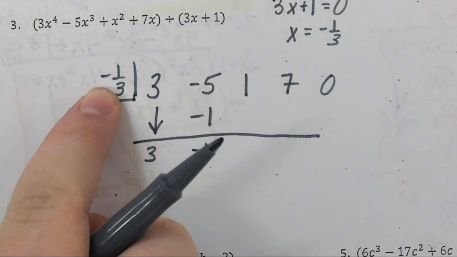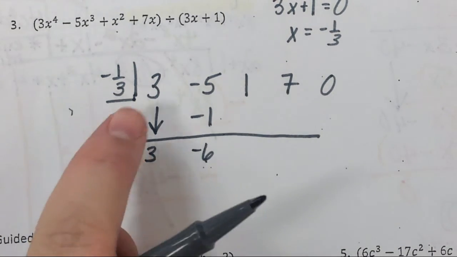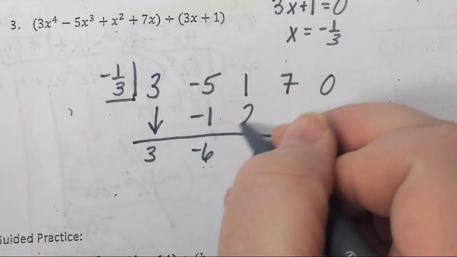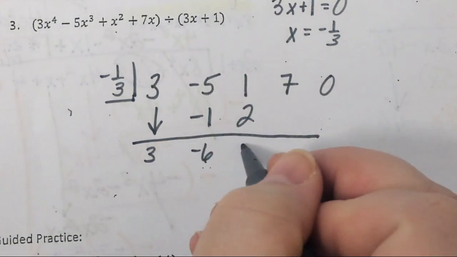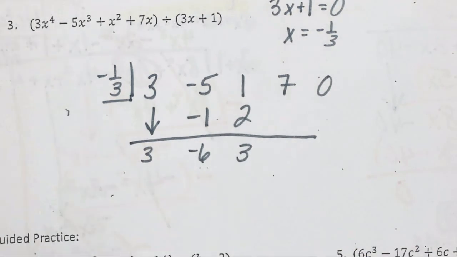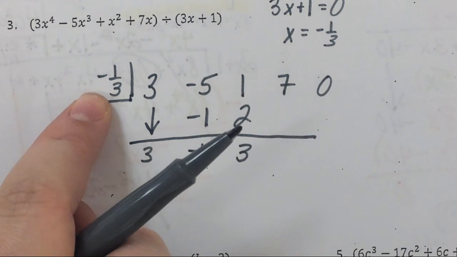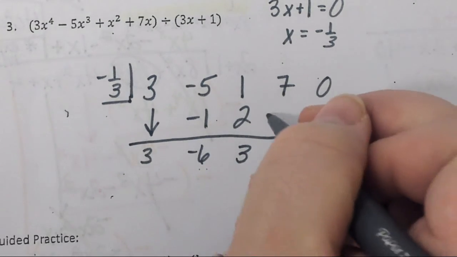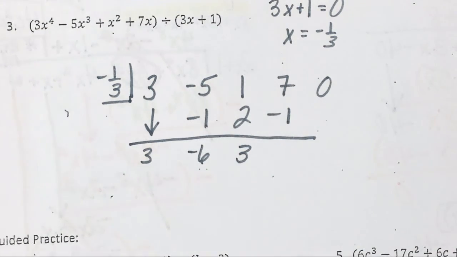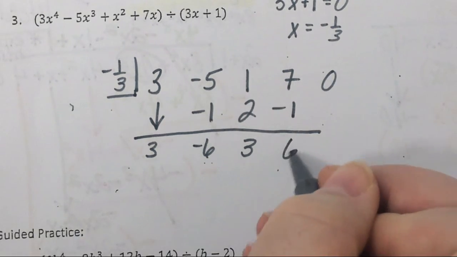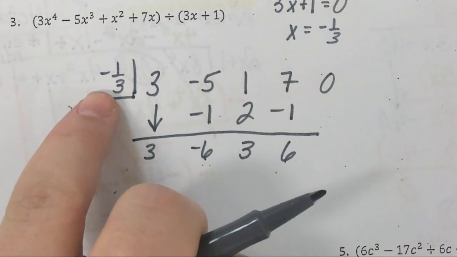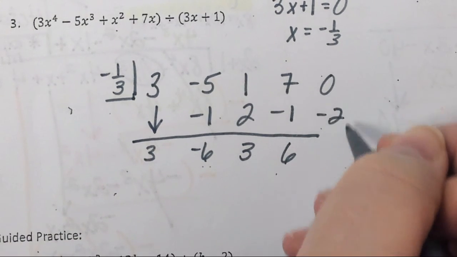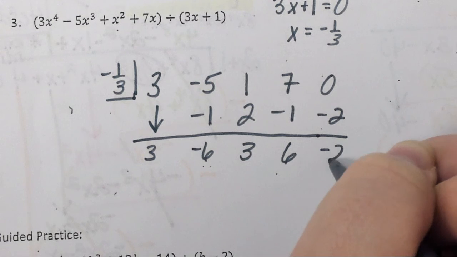Negative 6 times negative 1/3 ends up being positive 6 over 3, which reduces to 2. 1 plus 2 is 3. 3 times negative 1/3, again I get negative 1. 7 minus 1 is 6. And then 6 times negative 1/3, I get a negative 2. So I drop down my negative 2.